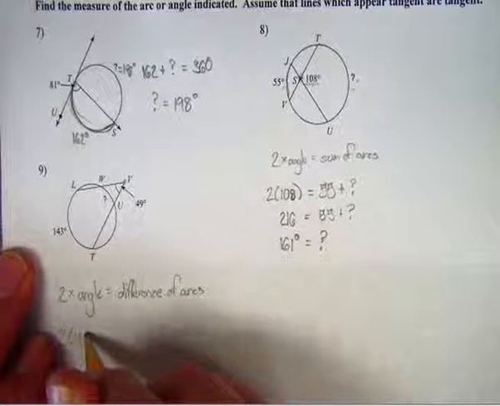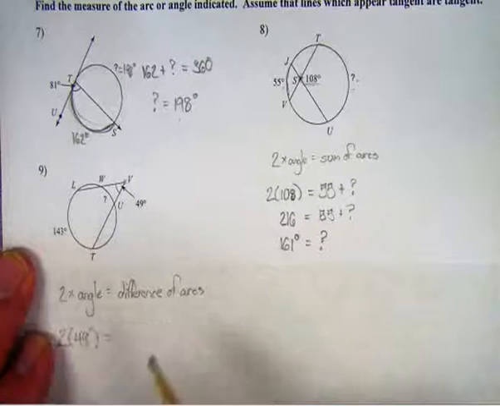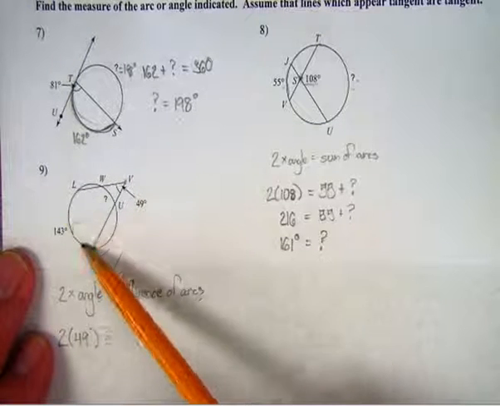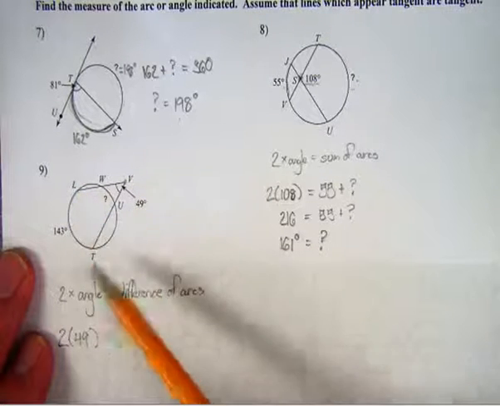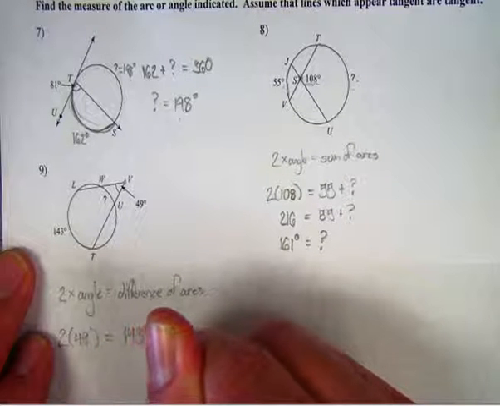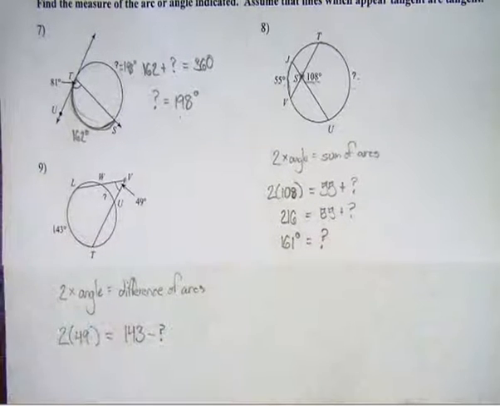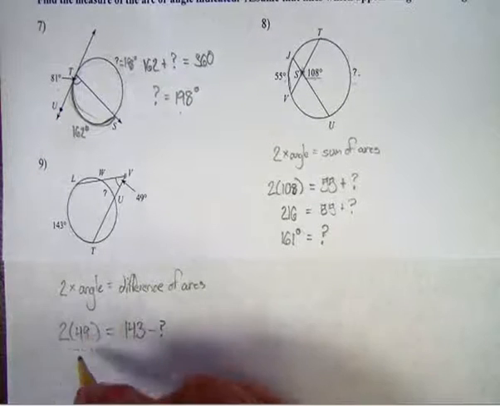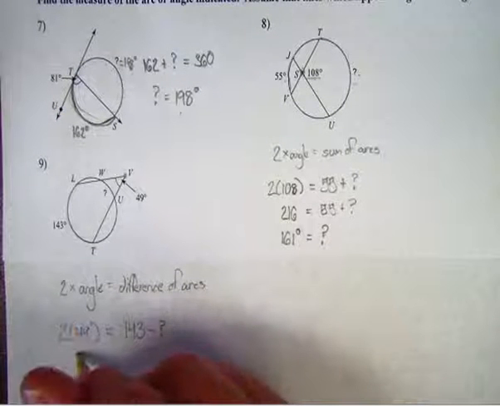So we take 2 times 49 is going to equal, now difference means subtraction, so we want to take the bigger one, that would be the one on the outside, minus the inside one, which is our unknown value that we're looking for. So 2 times 49 would be 98.